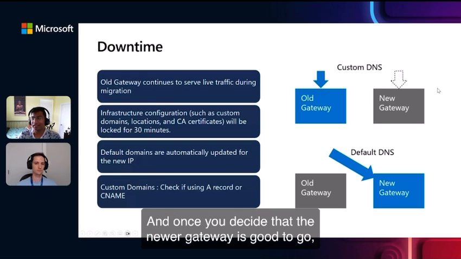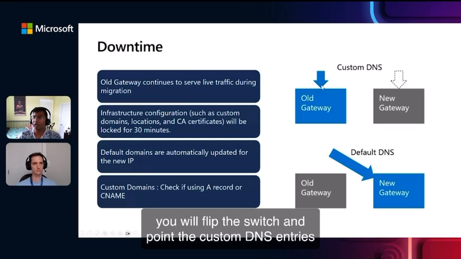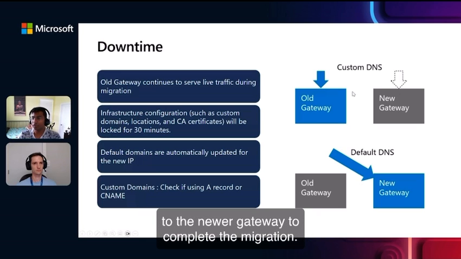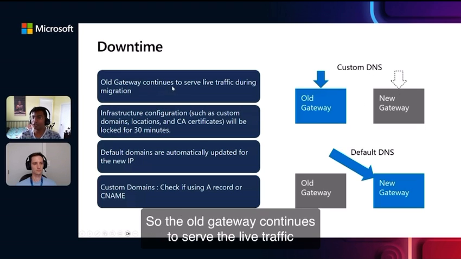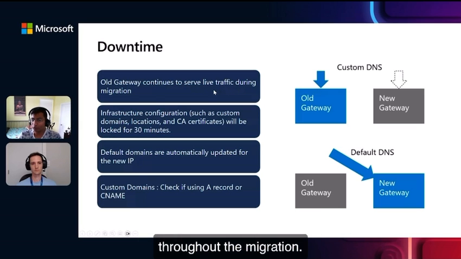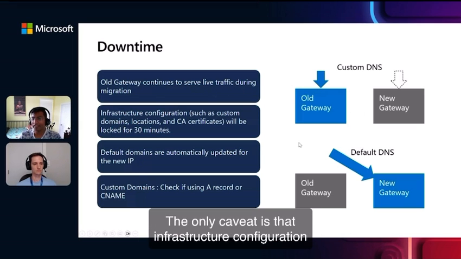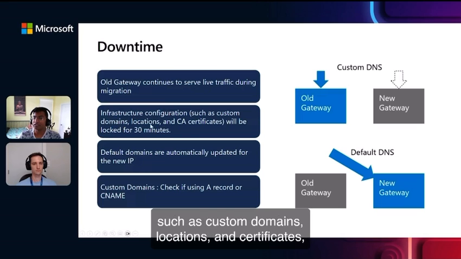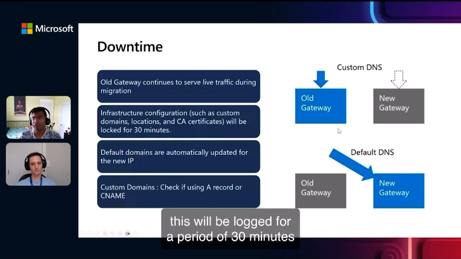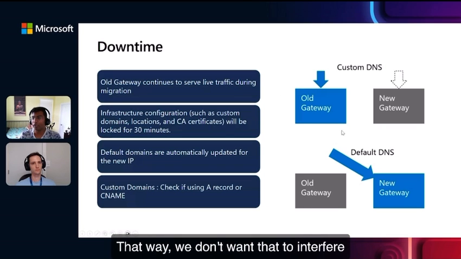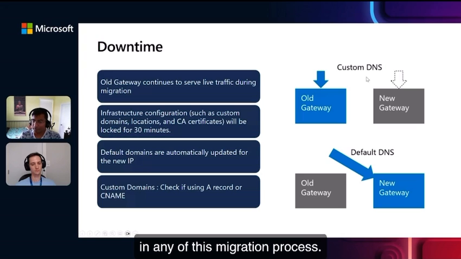And once you decide that the newer gateway is good to go, you will flip the switch and point the custom DNS entries to the newer gateway to complete the migration. The only caveat is that infrastructure configuration, such as custom domains, locations, and certificates, will be locked for a period of 30 minutes during the migration process. That way, we don't want that to interfere in any of this migration process.